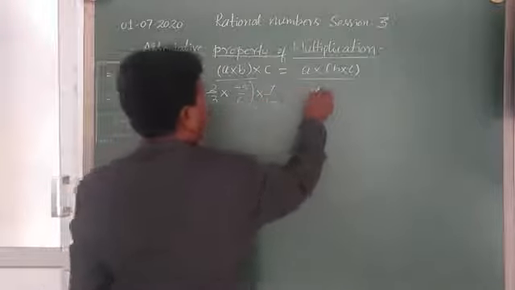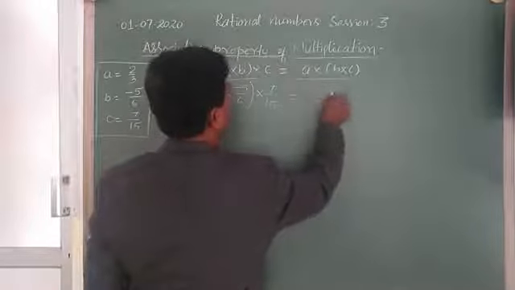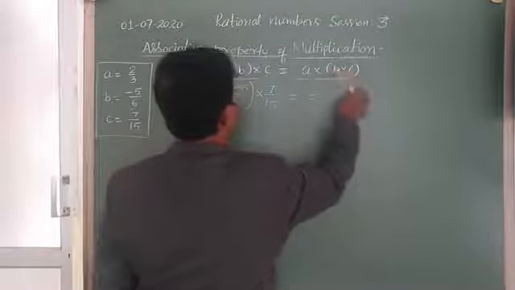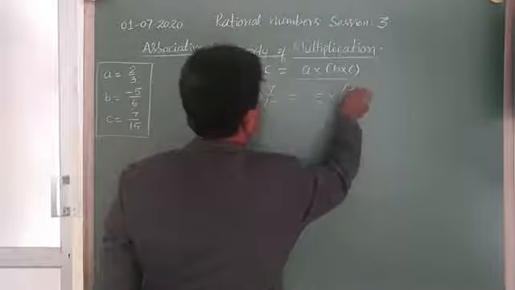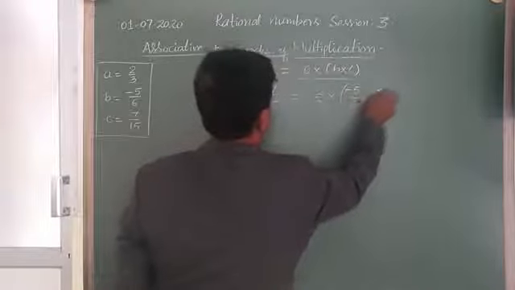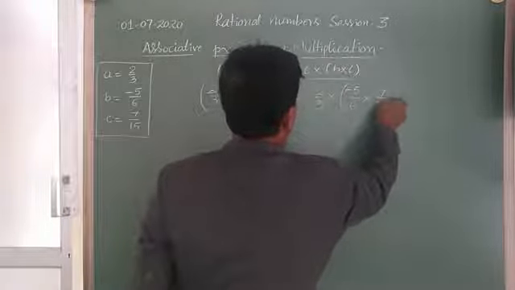Now equals 2 by 3 into the bracket minus 5 by 6 into 7 by 15.